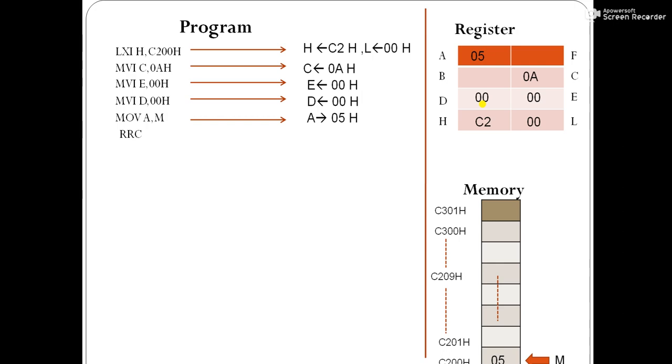RRC rotates the content of the accumulator to the right by 1 bit, and RRC means rotate without carry. So the A0 bit will be shifted to carry, and also to the A7 bit. But here our intention is to take the last bit into the carry flag.